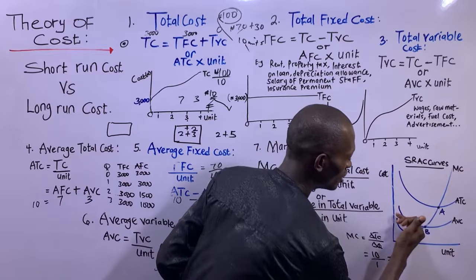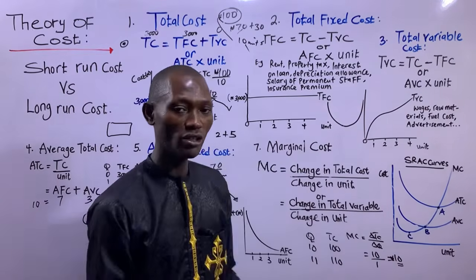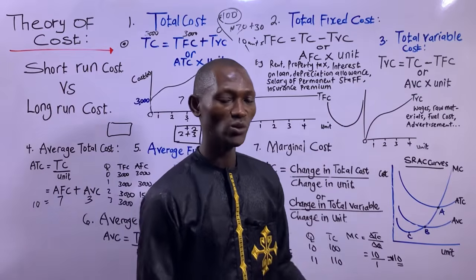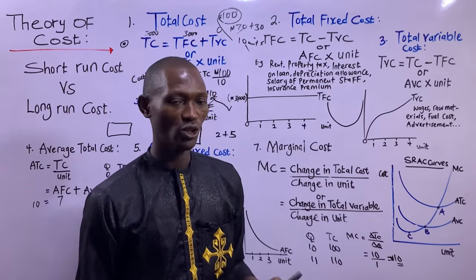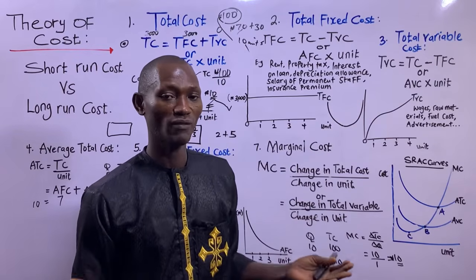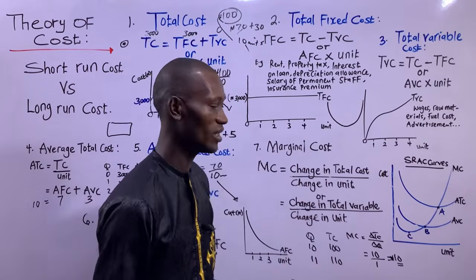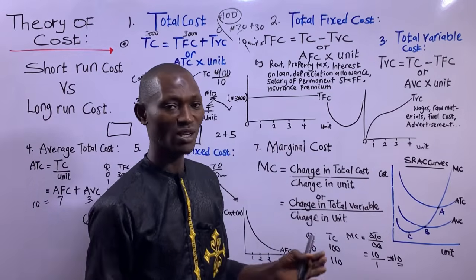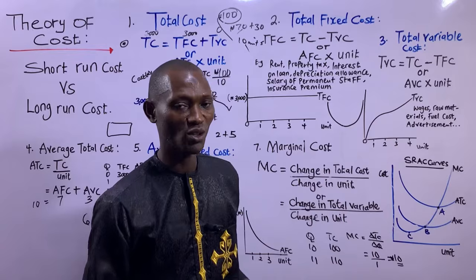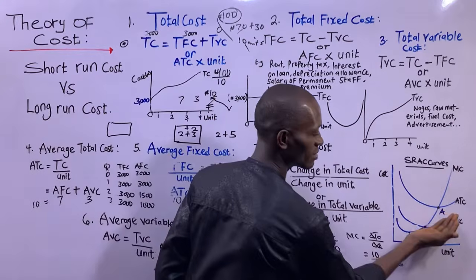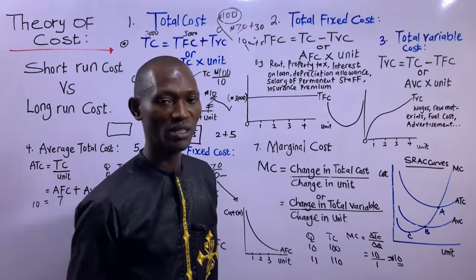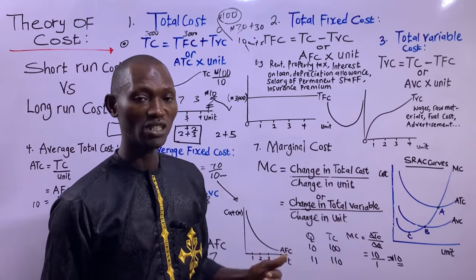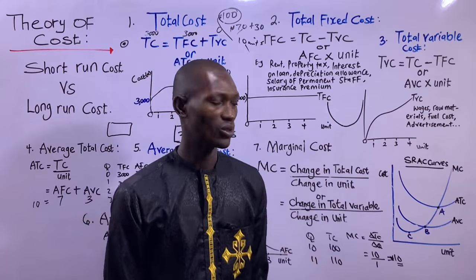It will be reducing, reducing. But on the other hand, when a firm becomes so large, some bottlenecks will creep in, due to the fact that there will be lack of coordination, supervision, and all that. And with that, costs per unit will start rising, marginal cost will start rising, average variable cost will start rising, and all that. And that's the effect of the rising average cost curves, as well as the law of diminishing marginal returns.